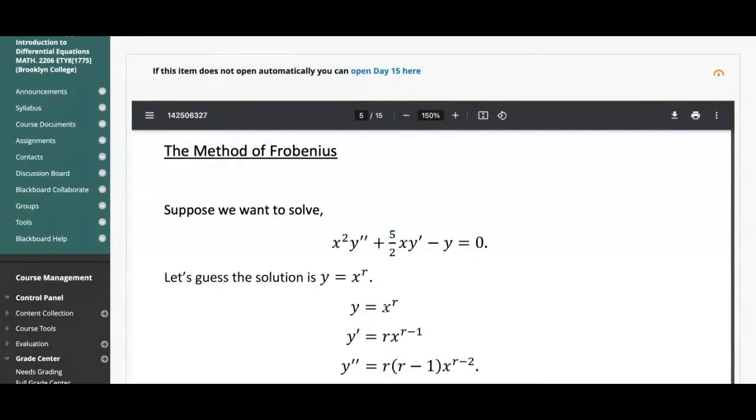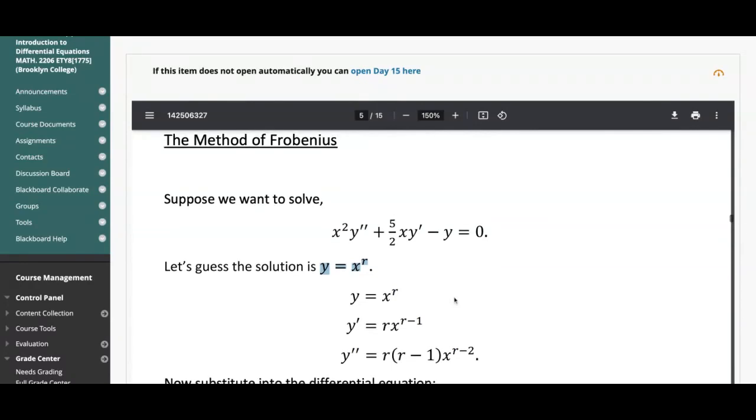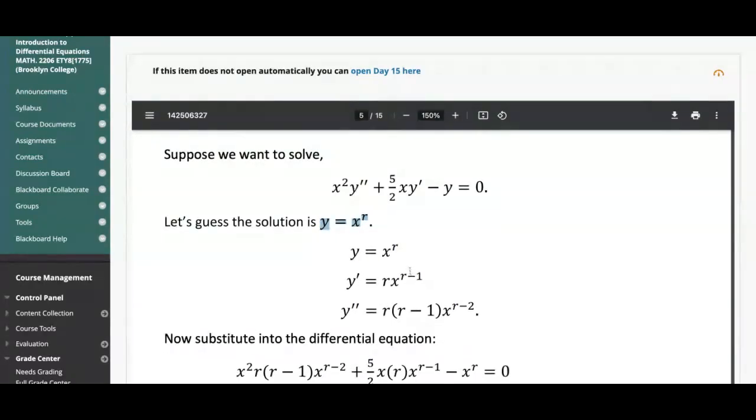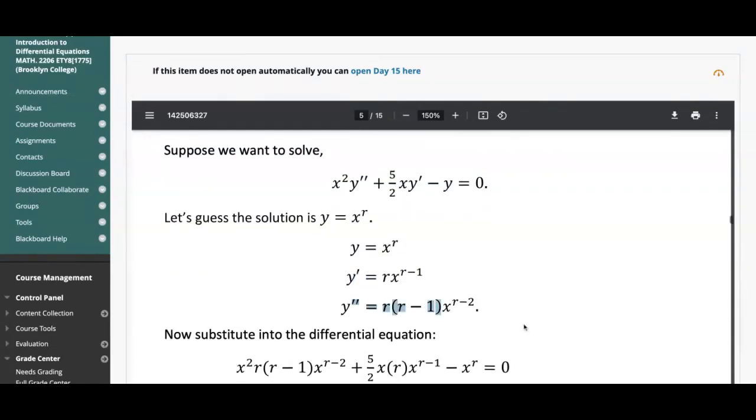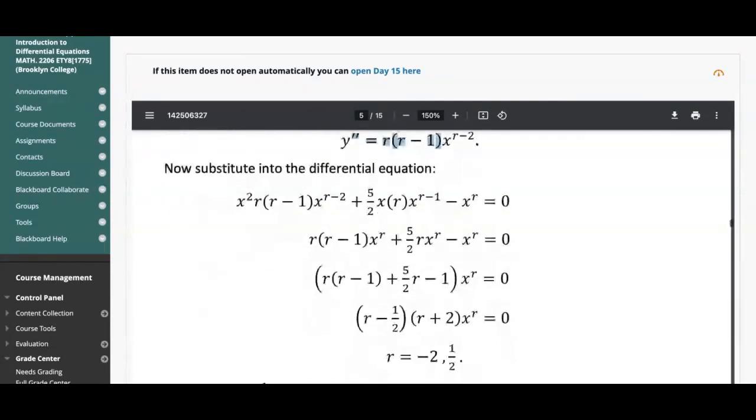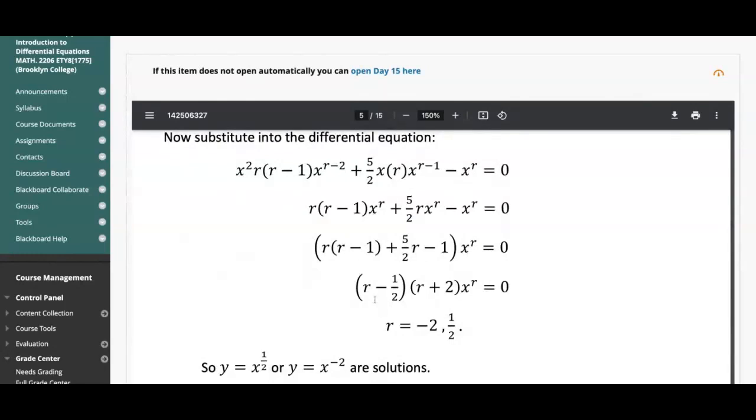So what do we do? We just guess a solution to be y equals x raised to r. Then we differentiate. We have y prime, y double prime. So we plug back in, then we try to solve for r.